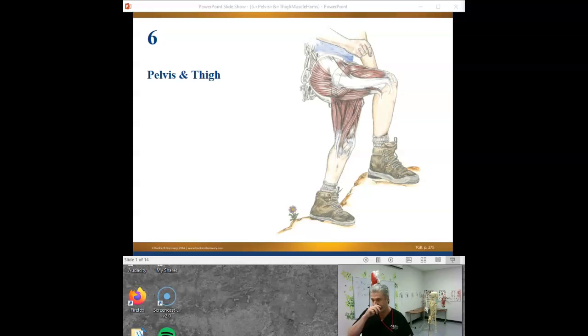Cool? All right. So let me explain one other thing, everybody, just so you can visually see it. This is a left leg. This is the most medial side where the pes anserinus is.